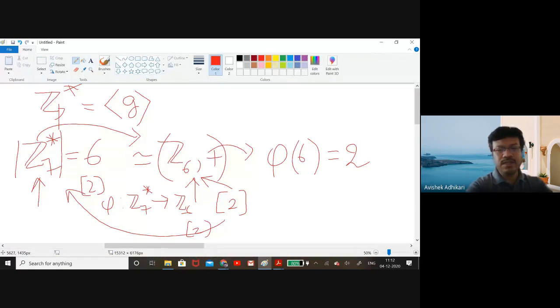So what will be the corresponding element of class 2 in Z6? Suppose I am not sure whether 2 is a generator of Z7 star or not. Now my question is, can you directly discard this element, that 2 is a generator of this or not?